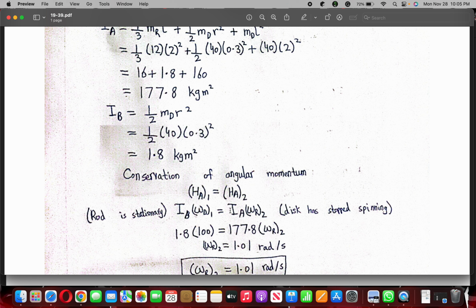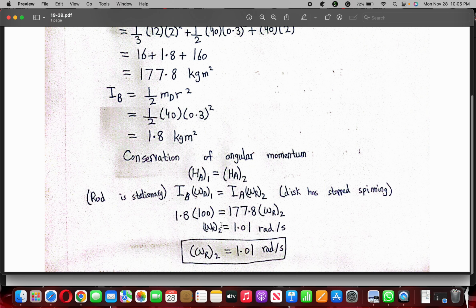We know that the disc has stopped spinning, so we don't include that. We put in the values: 1.8 multiplied by 100 is 180, and we know that 177.8 is the inertia at A, so the rod's angular velocity is 1.01 radian per second, after the disc has stopped spinning.